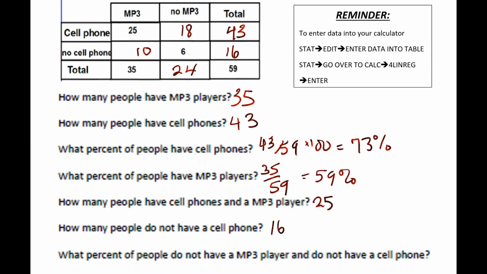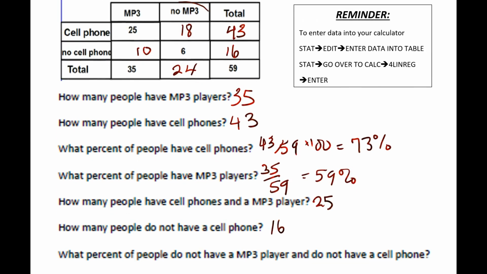No MP3 and no cell phone. There are 6 people out of 59 people that don't have an MP3 or a cell phone. 6 divided by 59 times 100 is going to give us 10%.